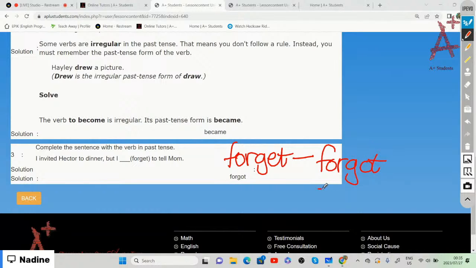So if we now add the word forgot, we can say, I invited Hector to dinner, but I forgot to tell mom. So forget, forgot, and forgot is the irregular past tense verb of the word forget.